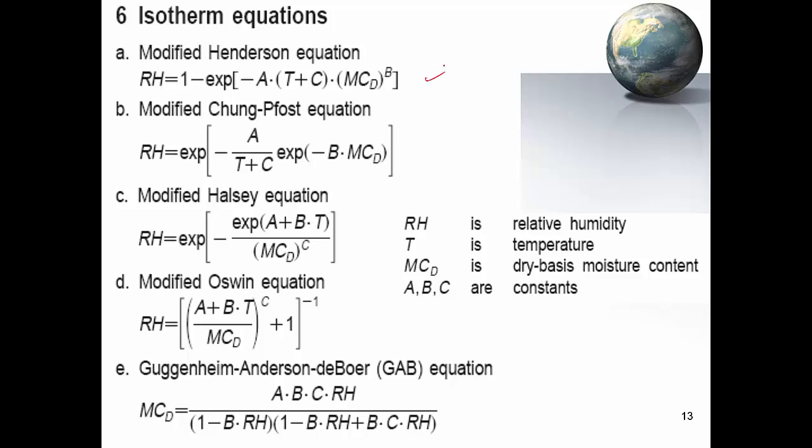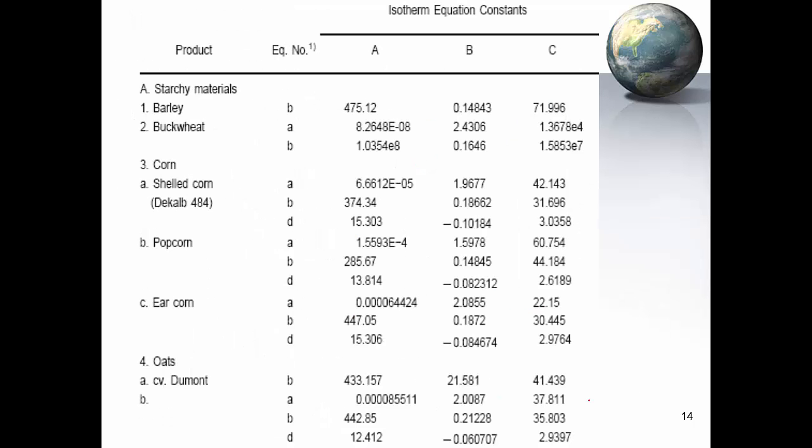They also fitted multiple different equations between the ERH and EMC, determined these constants A, B, C, and then tabulated them. So here is an example, barley. You use equation B. Here are the constants A, B, C.